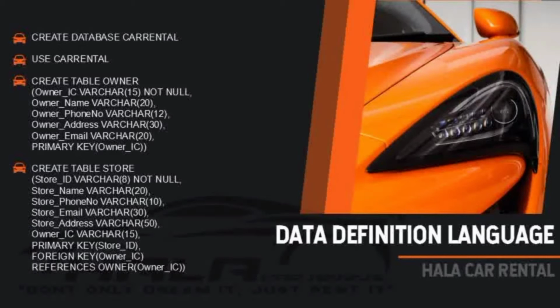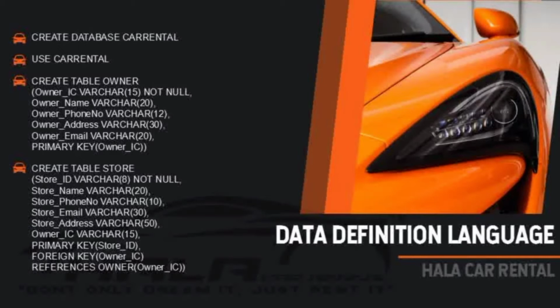Then we insert the first attribute, owner IC, that represents the owner identification number. Next, we use the data type varchar for a combination of numbers and characters, and we put 15 as the limit. If the combination of characters and numbers is more than 15, the data will error. Then we put not null to ensure that the column owner IC does not accept nulls.